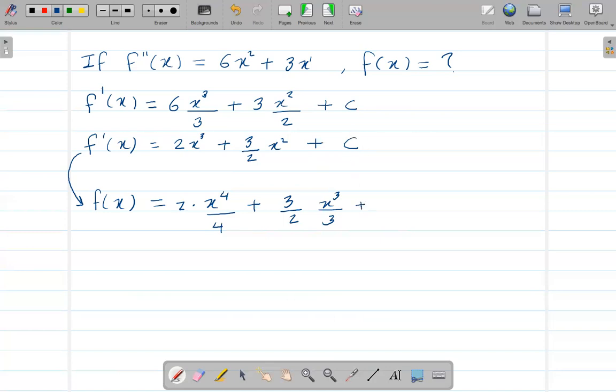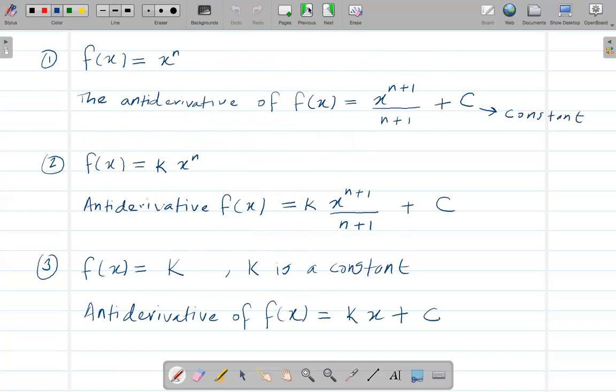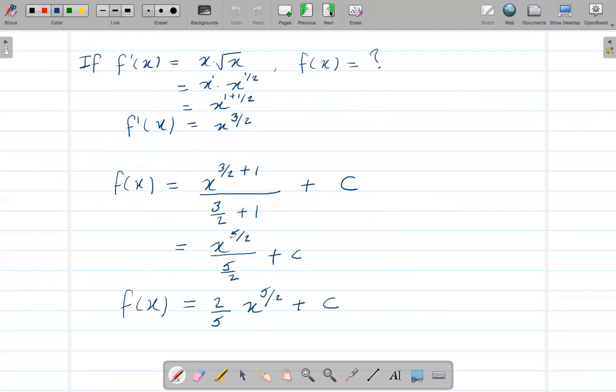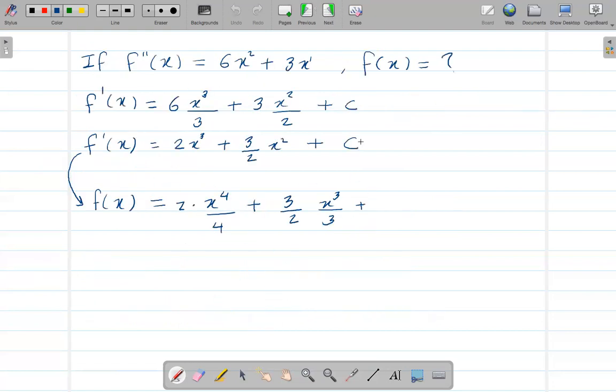If you take the antiderivative of a constant, it will be that constant times x plus another constant, right? So we take the antiderivative of the constant c, which will be c times x plus another constant. Let's just say d. Okay, so d is also a constant.